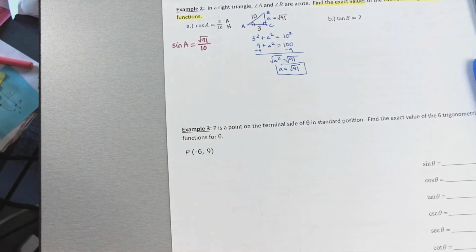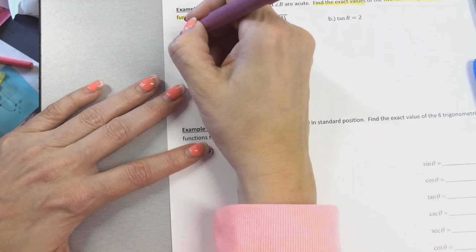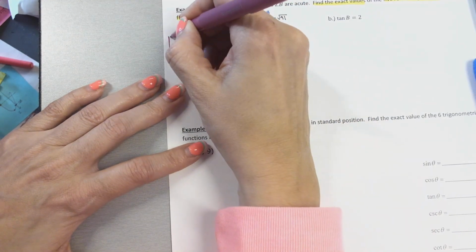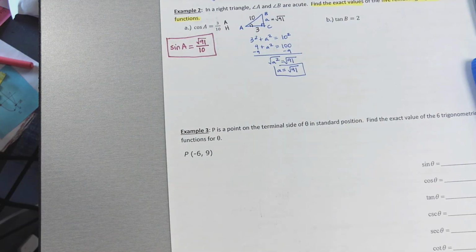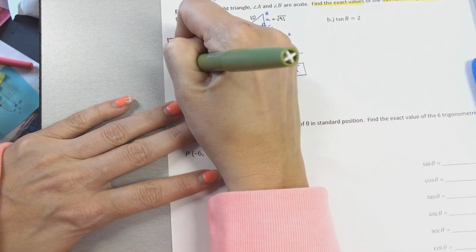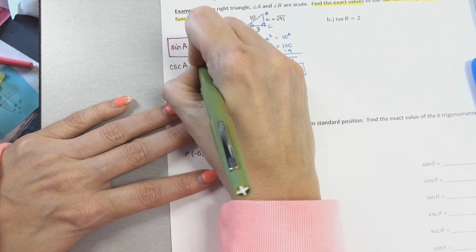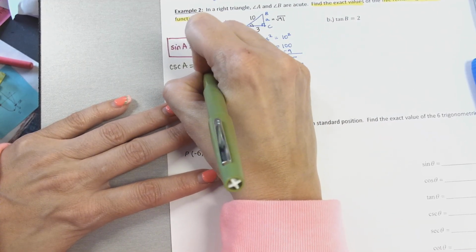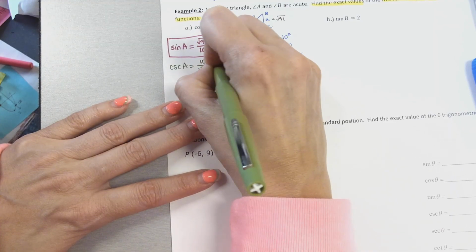Alright, now, if the square root is in the numerator, okay, then you don't have to simplify. Okay, when you go to find the cosecant, which is the reciprocal, you have 10 over root 91. That's when you have to simplify.